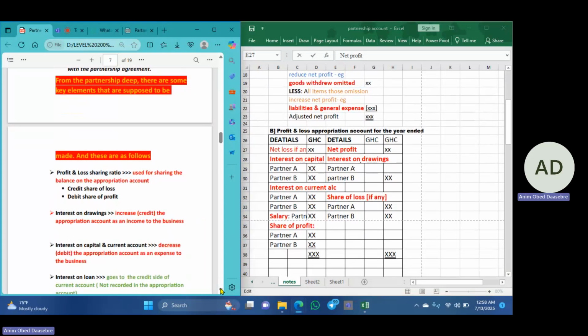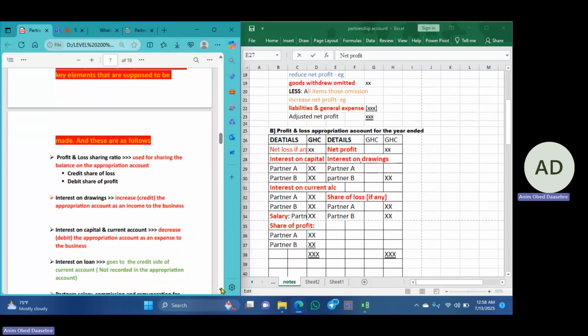Okay, so the reason why we are crediting interest on drawings toward the appropriation accounts is that it's an income to the firm, to a business. Normally in a partnership agreement, there's an agreement that governs the partnership firm called the partnership deed.